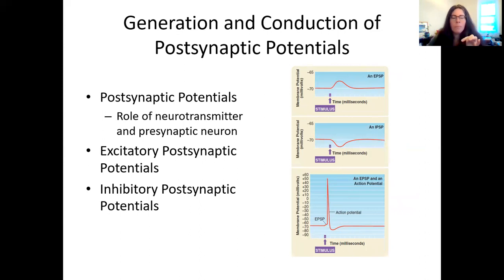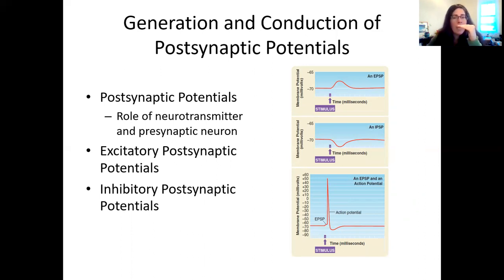The neuron at rest is negative 70. It receives excitation that changes the charge inside the cell relative to outside of the cell. It becomes less negative, it depolarizes, it reaches about negative 65 to negative 45 millivolts, and that's its threshold.